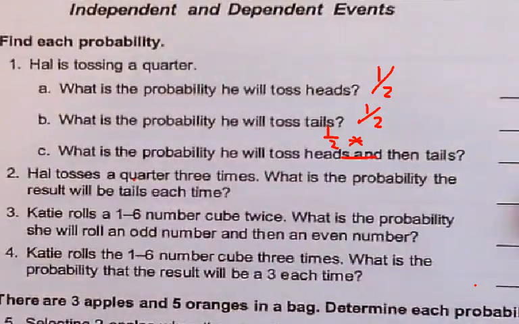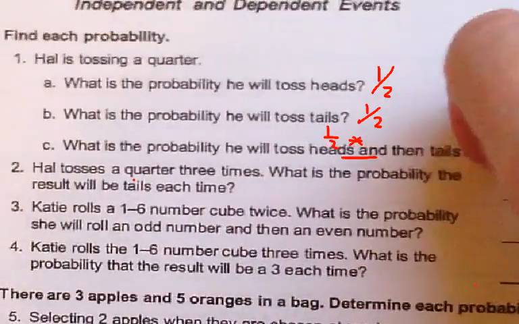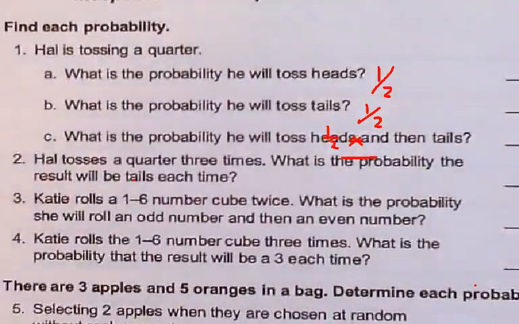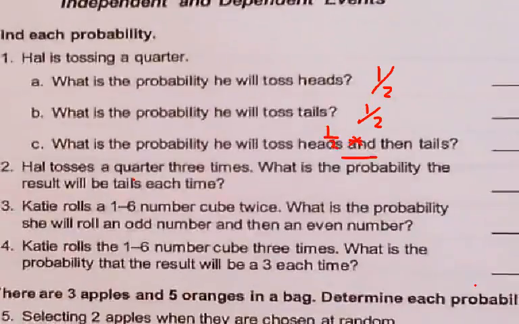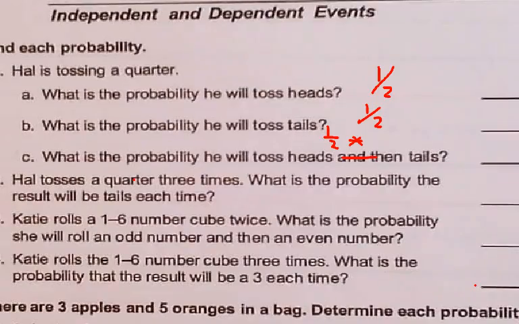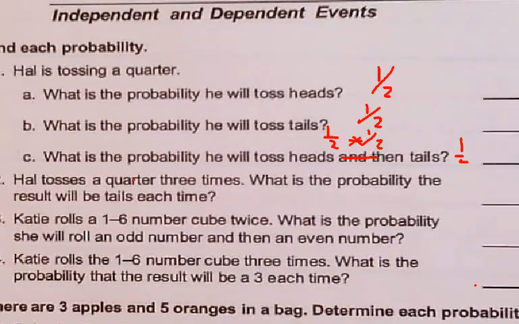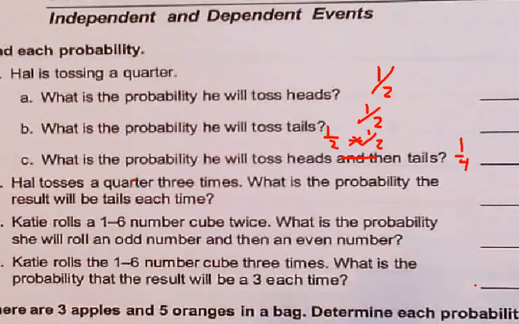The second time I flip it, it can be either thing, right? I didn't take away one of my choices, right? It's still there. So, where was I? 1/2 times 1/2. So that would be 1/4 of the time. He would have a head and then a tail, right? That's the way it works.